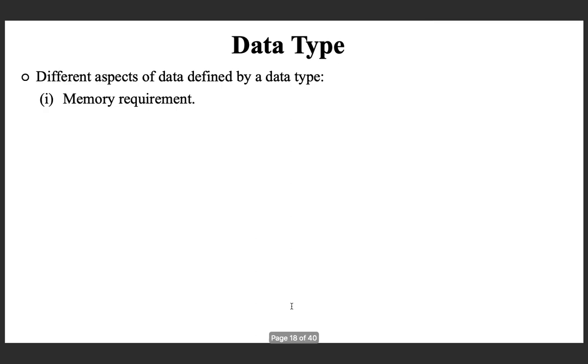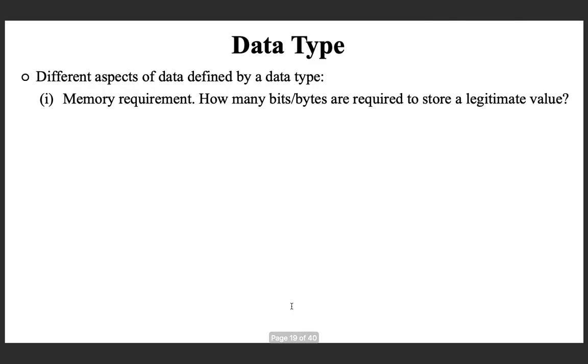The first is memory requirement, meaning how many bits or how many bytes are required to store a legitimate value. When I say legitimate, if you look at the data type character, then the legitimate values are all the permissible characters in the alphabet set of C language.